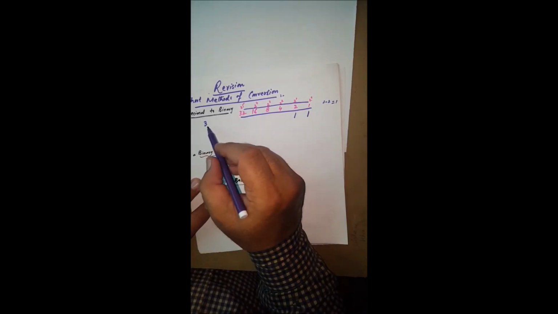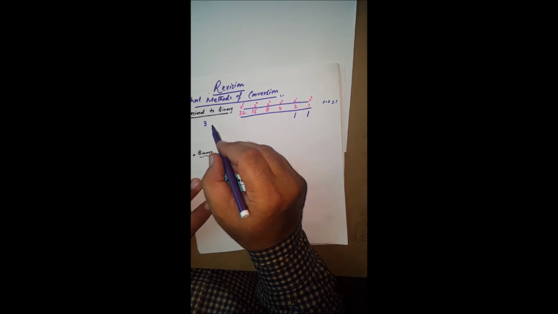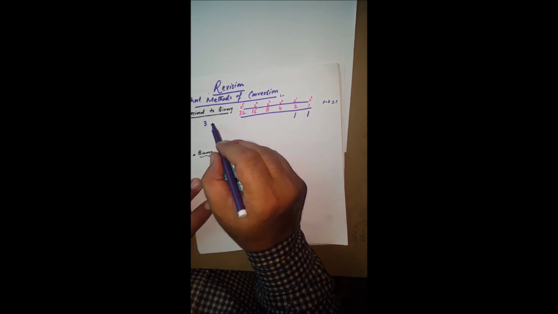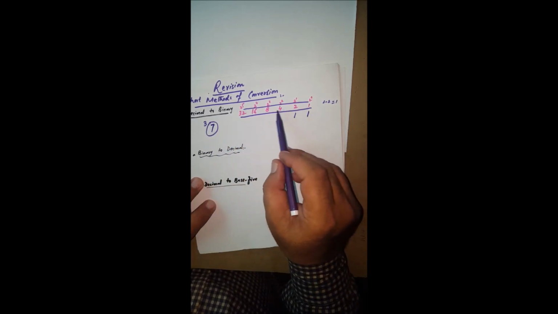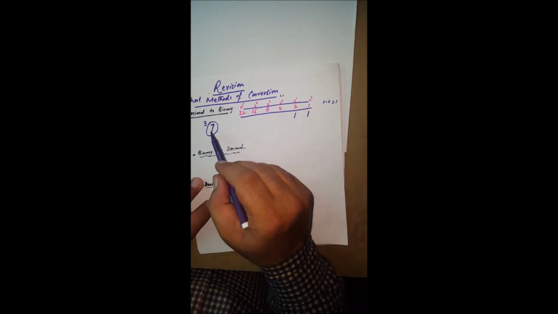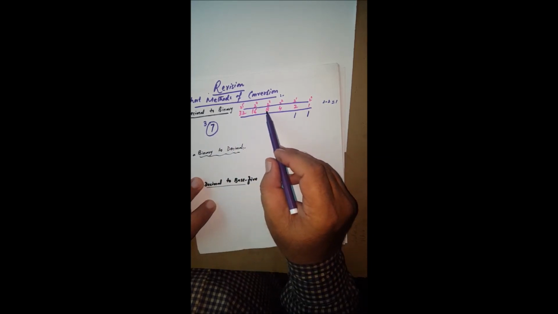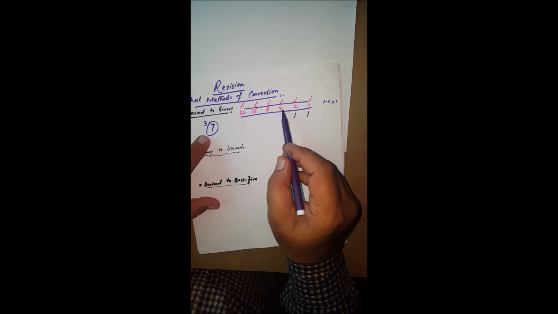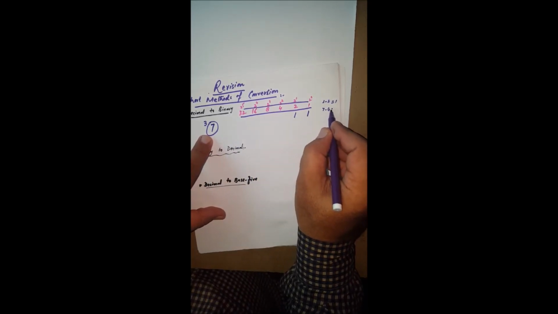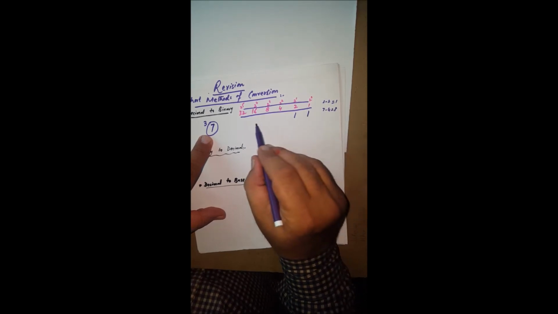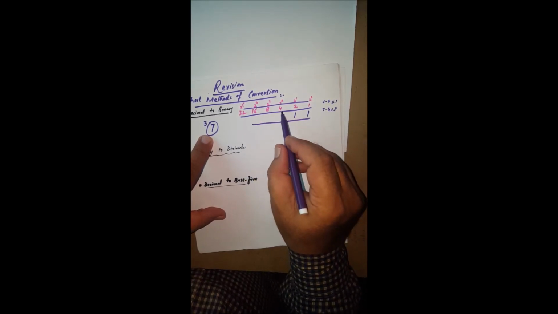Again, we have to convert a number, 7 in decimal, to binary. Now, look at these numbers, our bits. 8 is greater than 7, 4 is less than 7. So we consider this number 4. 7 minus 4 is equal to 3. So we write 1 under the 4.